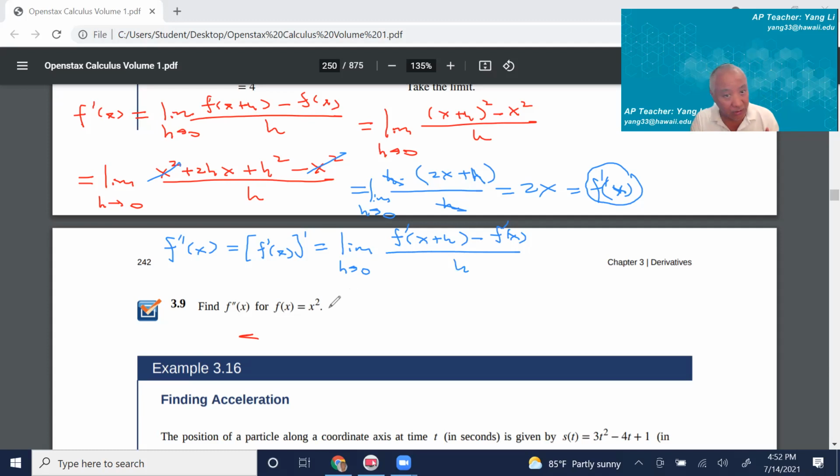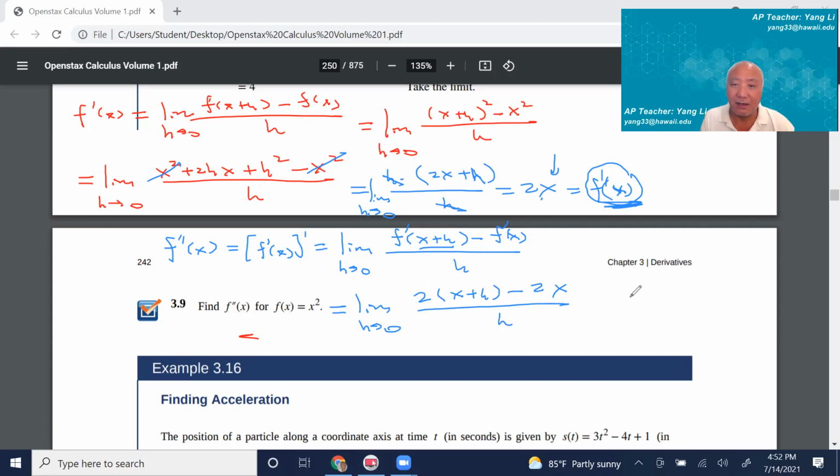Here we just treat the f derivative as a function and do one more derivative, following the definition. So from here you can see that you will get what? Limit h approaches 0, because x plus h means this x substituted by x plus h. So you're going to have 2(x plus h) minus f derivative of x, just 2x, divided by h, right?